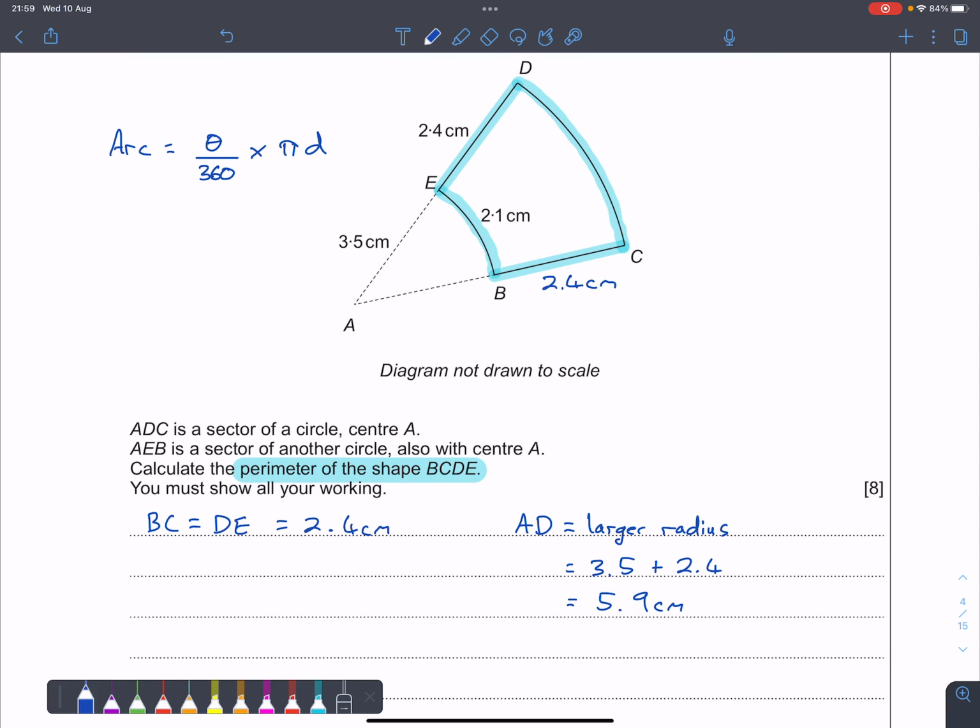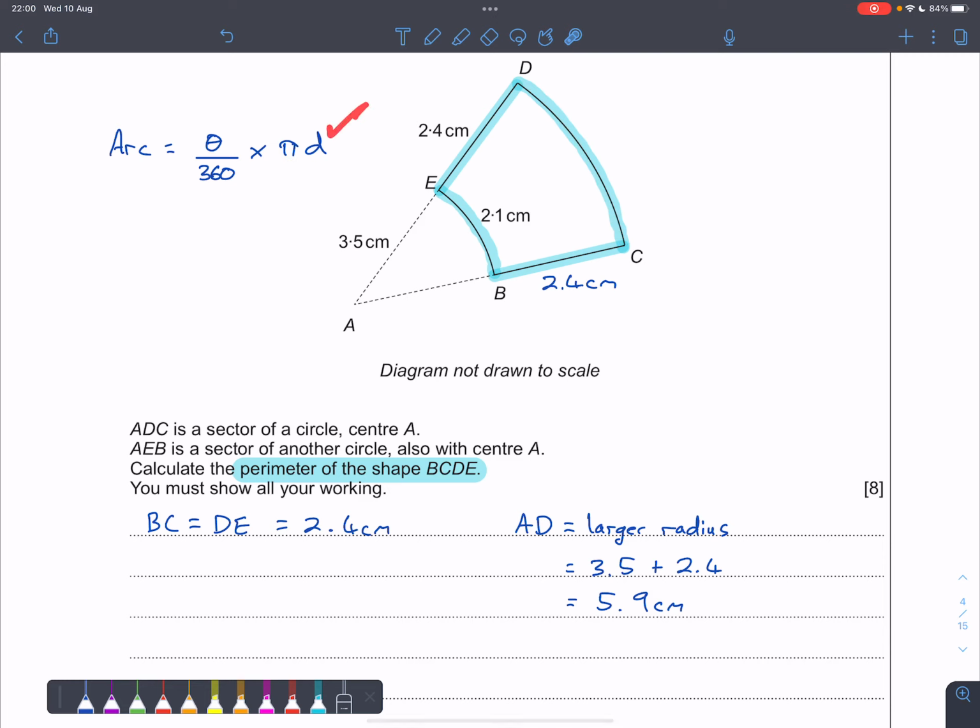Let's see what we can do. We need to know the diameter for this, or if you wanted to, we can change pi times diameter to 2 pi r, because diameter is 2 times the radius. So if you've got pi times 2 times radius, you can do that as well. If I want to find this length, I need to do theta over 360 multiplied by pi multiplied by the diameter, which is 2 lots of 5.9.